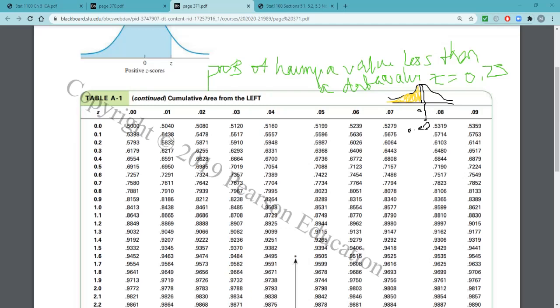So again, let's go to the table. I want to find the first 2 digits, which are 0.2. So I'm here, and my last digit is 3.